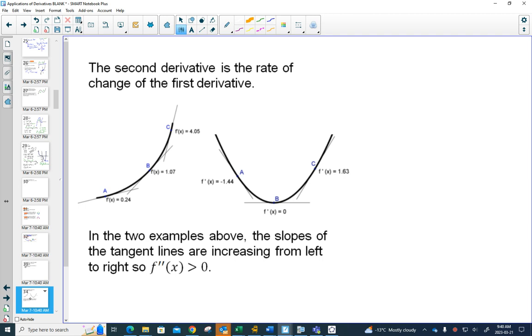So if we notice that our first derivatives are increasing, that makes the shape concave up. Anytime they're increasing, even if they started negative here, then went to 0, then went to positive, like a parabola, this would all be concave up.